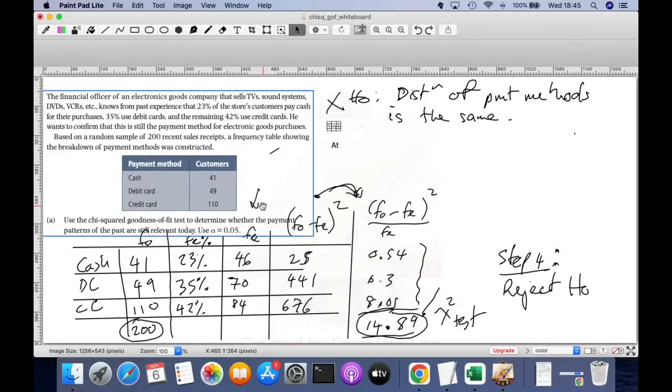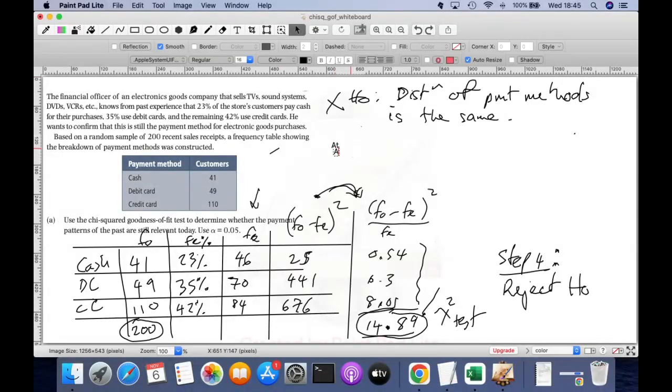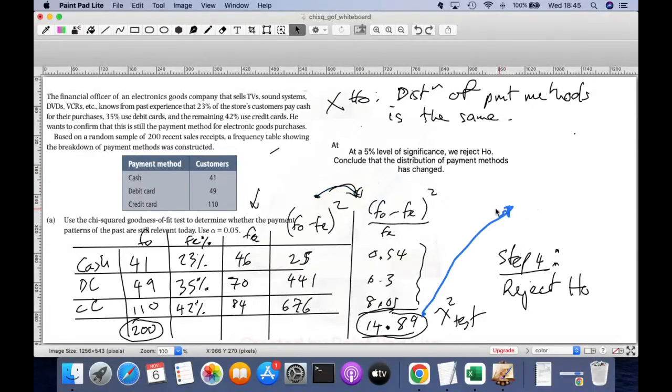So we say, at a 5% level of significance, we reject H0, and we conclude that the distribution of payment methods has changed. And that is it. This is what you would write: at a 5% level of significance, we reject H0, and we conclude that the distribution of payment methods has changed.